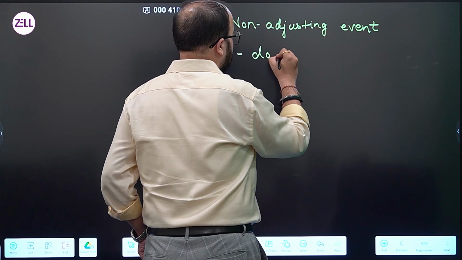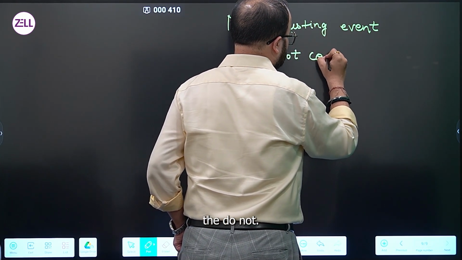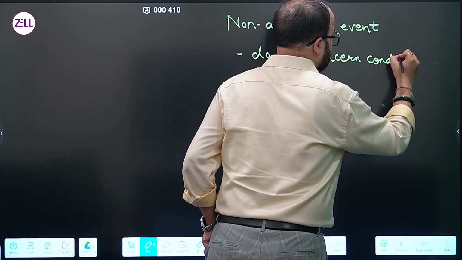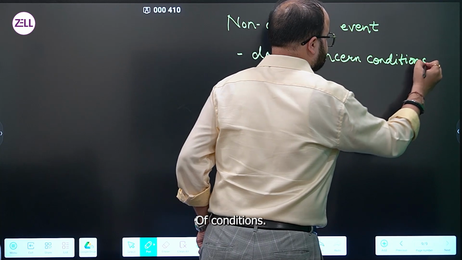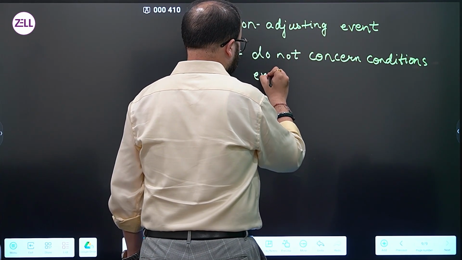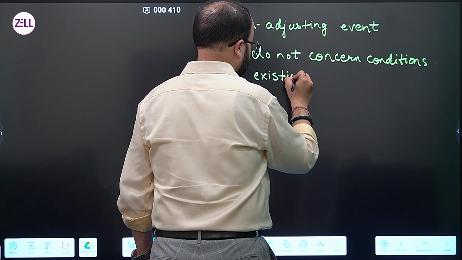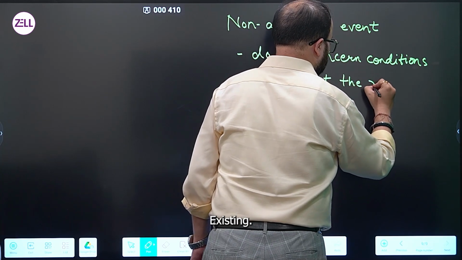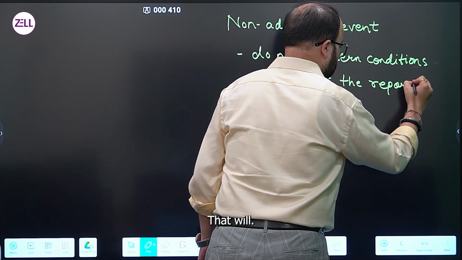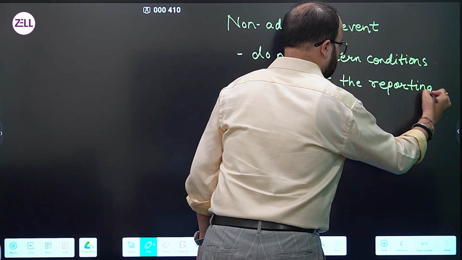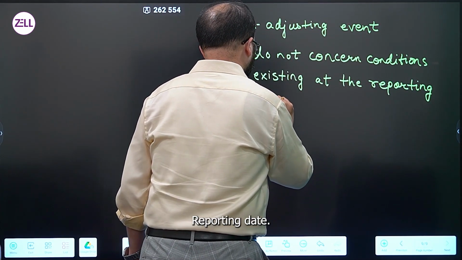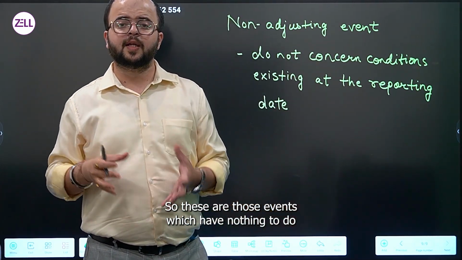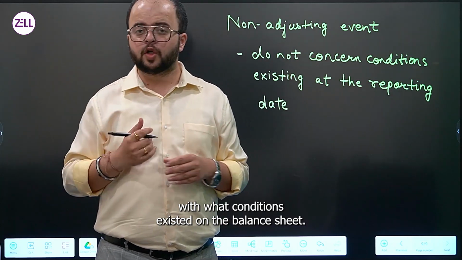So these are those events which have nothing to do with what conditions existed on the balance sheet date.